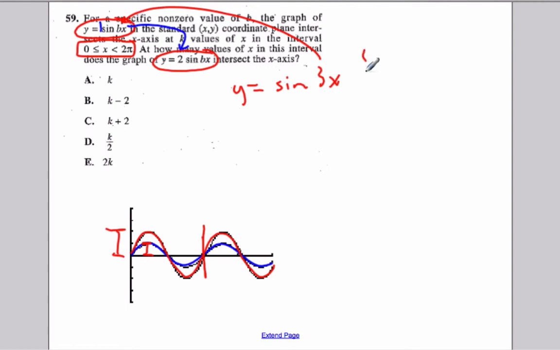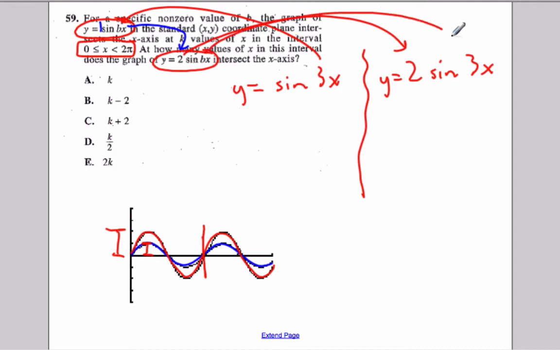And then I knew the second one was y equals 2 sine of 3x, and the 2 is there because the problem had it as 2. And this b is the same as the previous one, so I just left that as 3. Type those both into your calculator. This is the type of graph that you'll get right here.